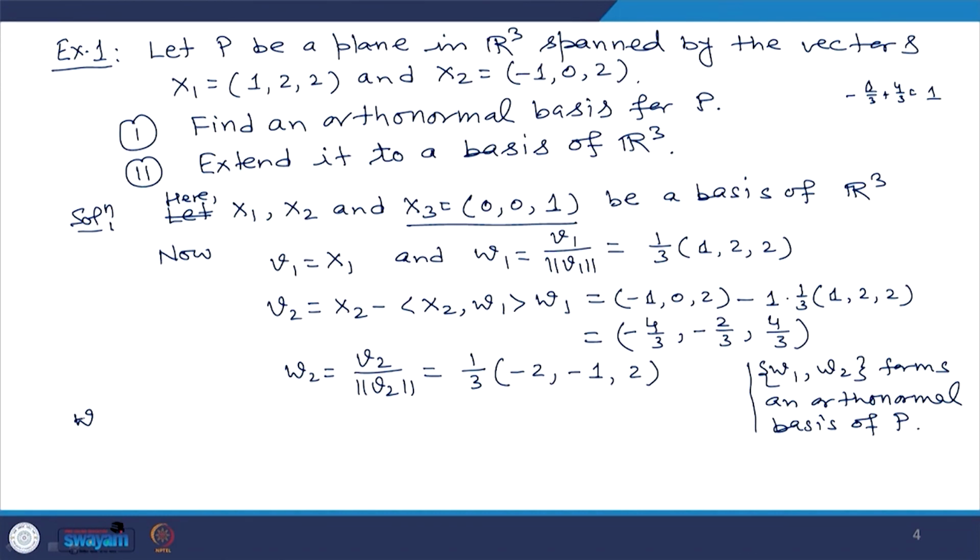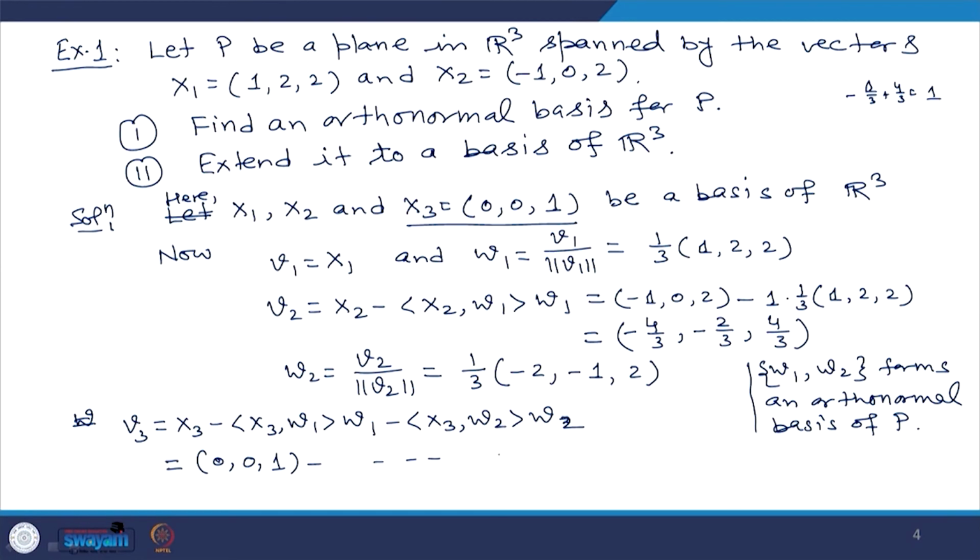Now, what is an orthonormal basis of R3? So, I will calculate V3. V3 will become x3 minus the inner product of x3 with W1 multiplied with W1, minus the inner product of x3 with W2, and that scalar multiplied with W2. So, x3 is here 0 0 1, minus the inner product of x3 with W1 and so on, and after calculating it I will get 1 by 3 times 2 minus 2 1.